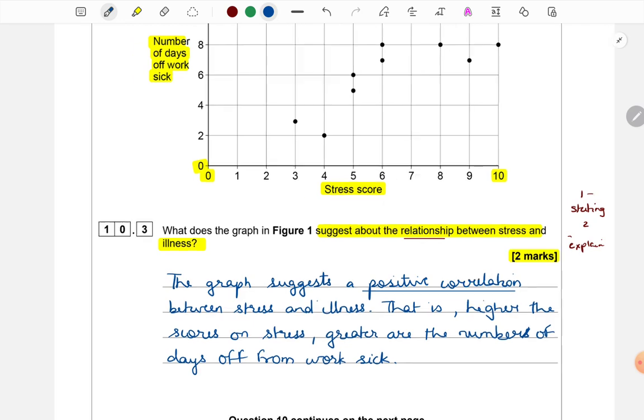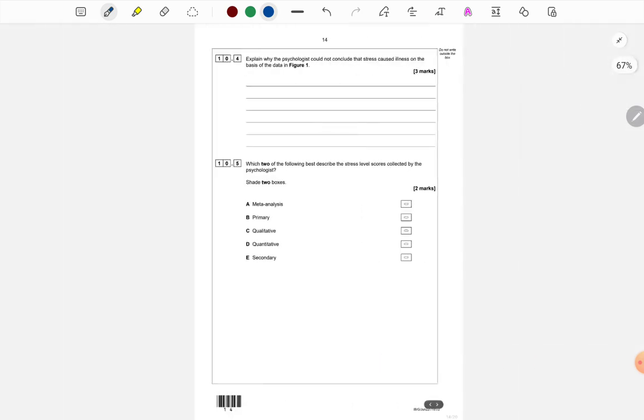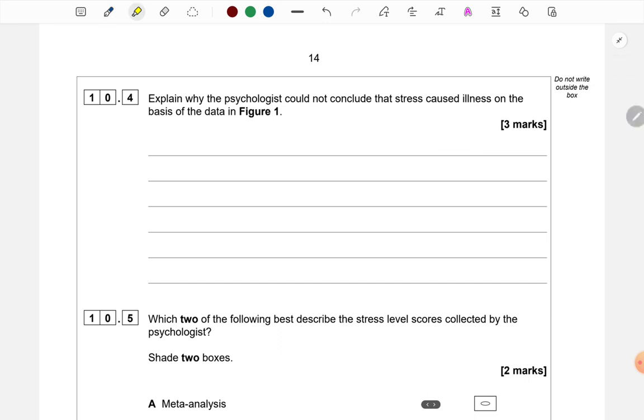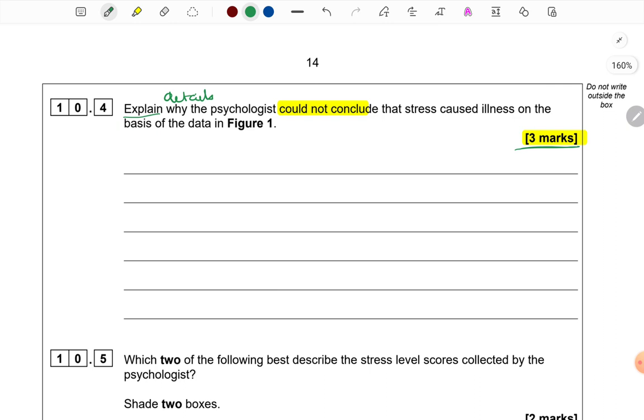Let us move towards the next question. Explain why the psychologists could not conclude that stress caused illness on the basis of data in figure 1. Explain means we have to give details. 3 marks means we have to give at length. Why the psychologist could not conclude?